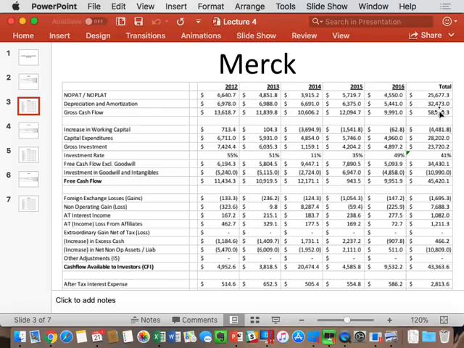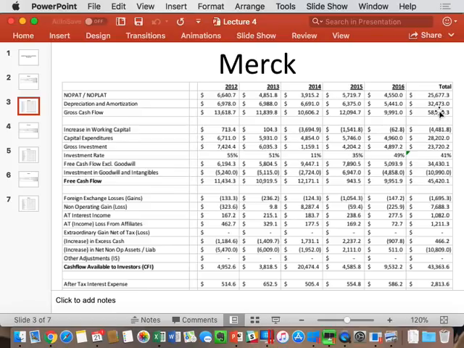I need to spend depreciation to tread water, right? If I'm not spending my depreciation, my plant is going to crumble. So I need to at least spend depreciation, else I'm not going to be able to maintain what I got. That's a rule of thumb over time in finance. If I'm growing, I should be spending more than depreciation. If I'm shrinking, I'm probably going to spend less than depreciation.